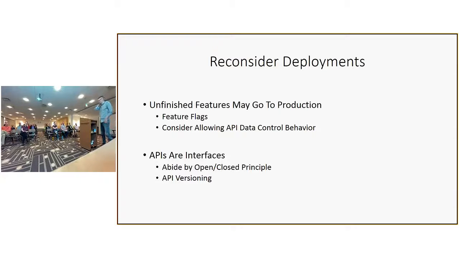We're using continuous integration, continuous development, continuous deployment practices, and we're using a new branching strategy, and guess what? There's this expectation now that unfinished features may go to production, and that may be earth-shattering for a traditional web developer.